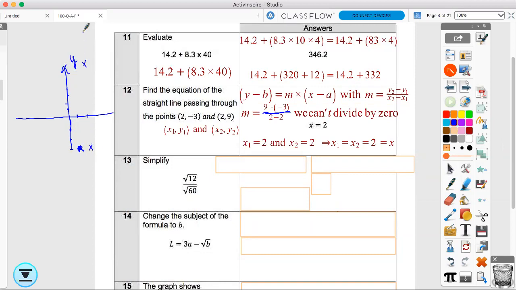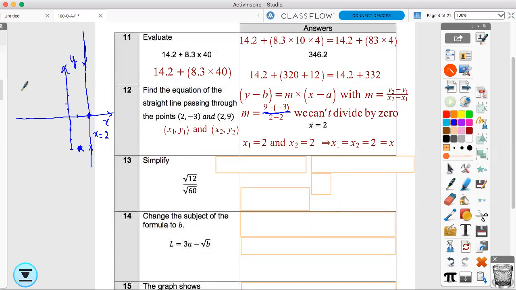So if you were to draw that line on the side of your paper, you would notice straight away this is a vertical line. So any vertical lines are in the format x equal something, the number 2 there.